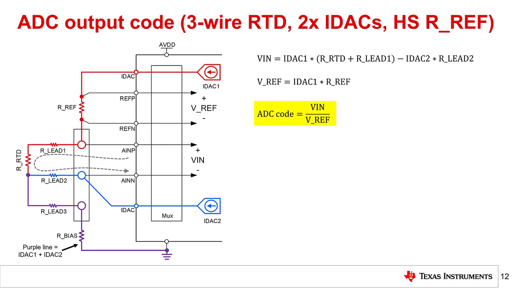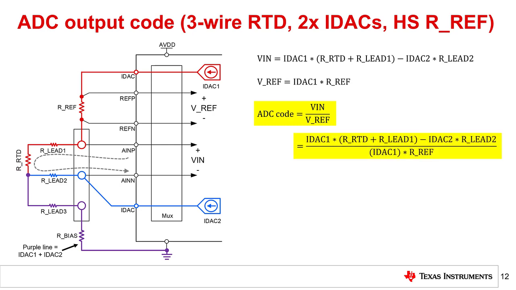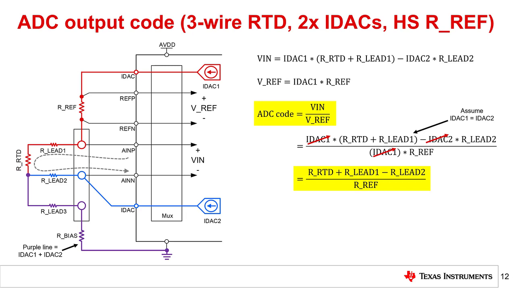Similar to the previous cases discussed in this presentation, we can ignore the different constants required to generate the actual ADC code since this just scales the final result. We can then apply the values for Vin and Vref to the ADC code equation as shown. Now, let's assume that IDAC1 equals IDAC2, which allows us to simplify the ADC code equation in terms of just the circuit resistances.